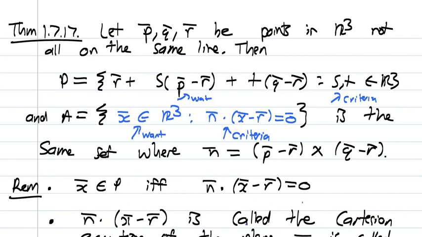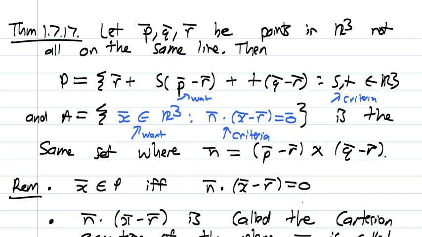Alright? Now, these two sets are the same if vector n is (p minus r) cross (q minus r). Now some remarks on Theorem 1.7.17, that x is therefore an element of plane P if and only if n dot (x minus r) is equal to 0.